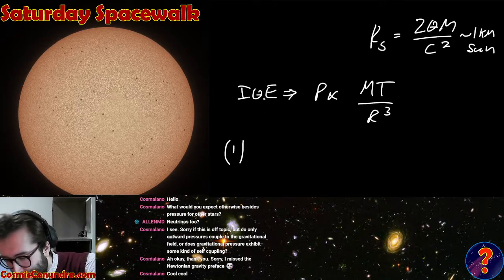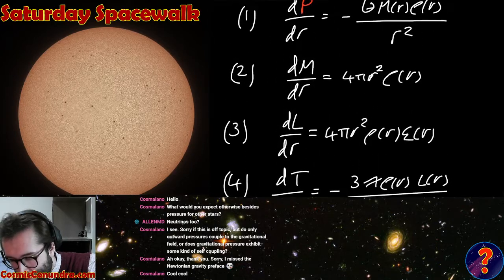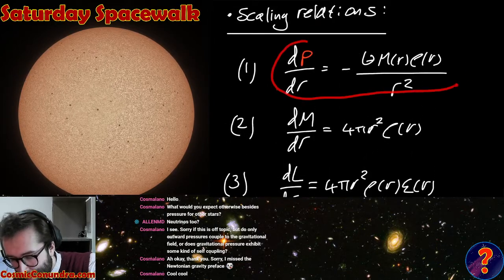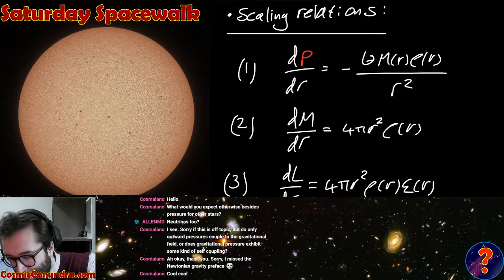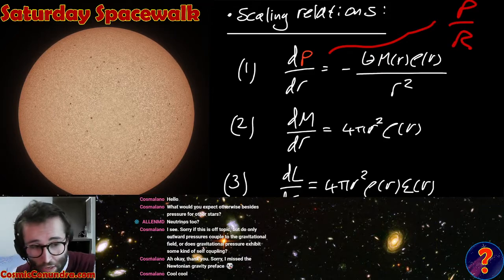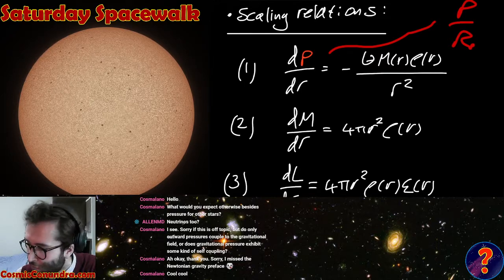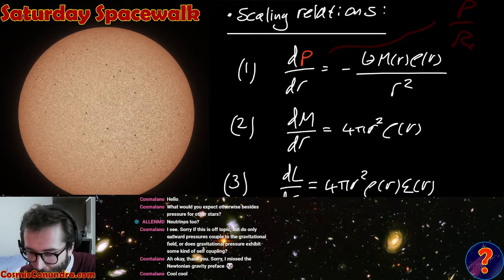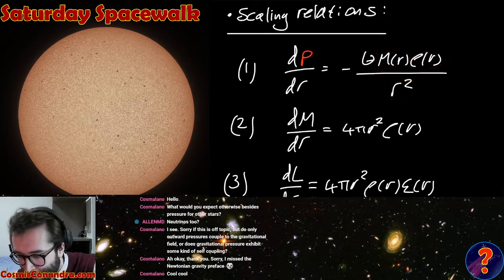From the first equation, our hydrostatic equilibrium equation, we can derive a scaling relation too. So dP by dr, proportionally, is just P over R, the pressure on the inside of the sun over the radius of the sun. And then we have an M, another pressure here, and an R here, okay?